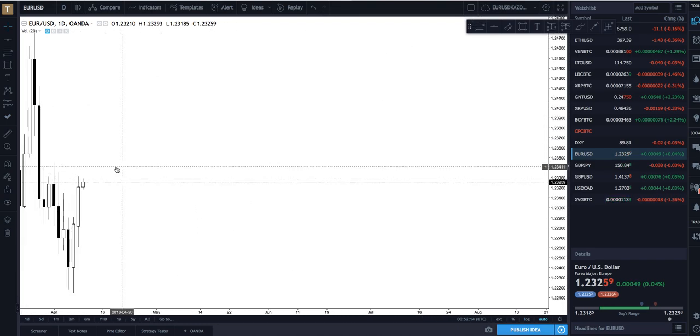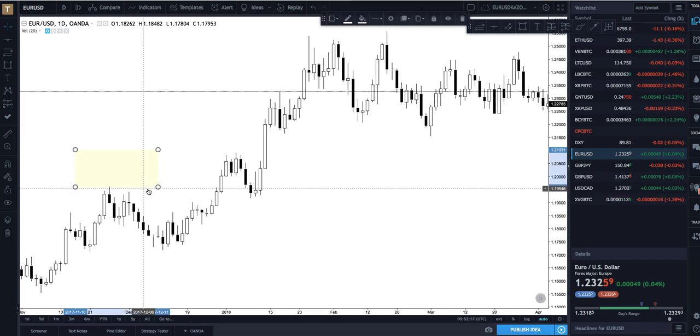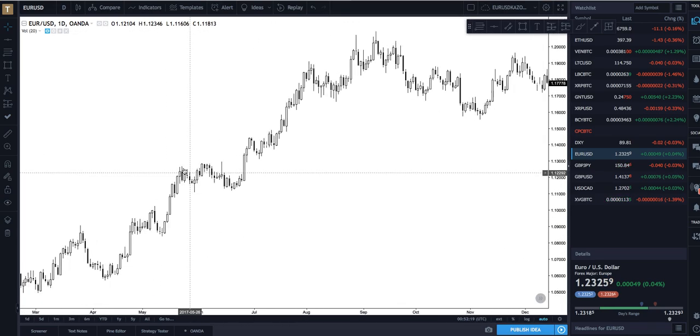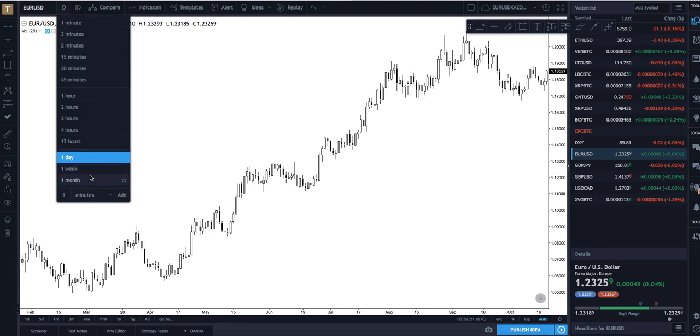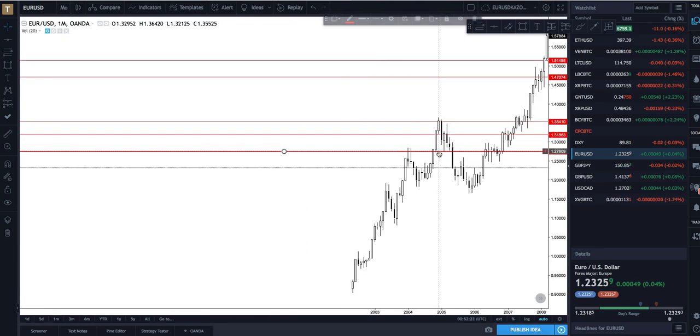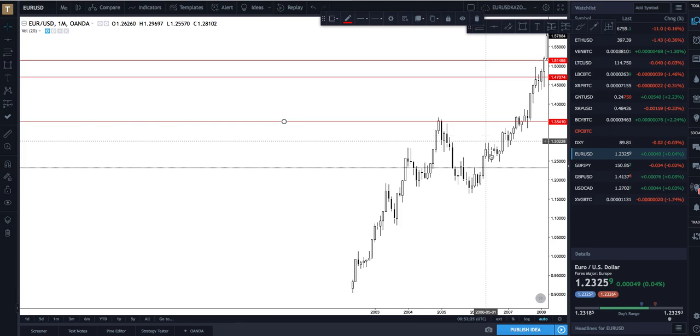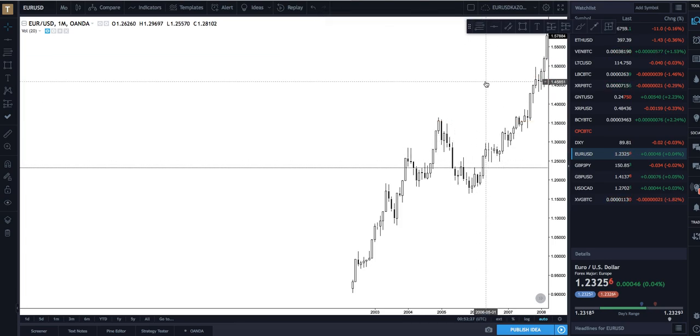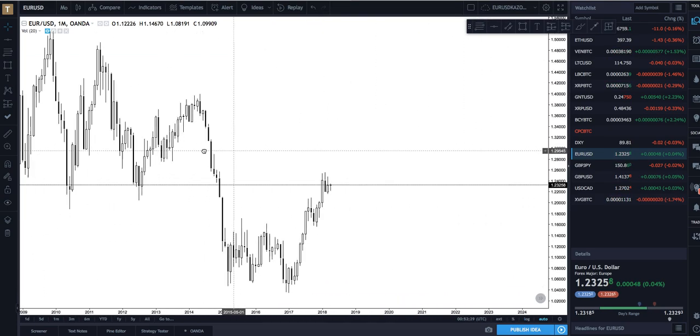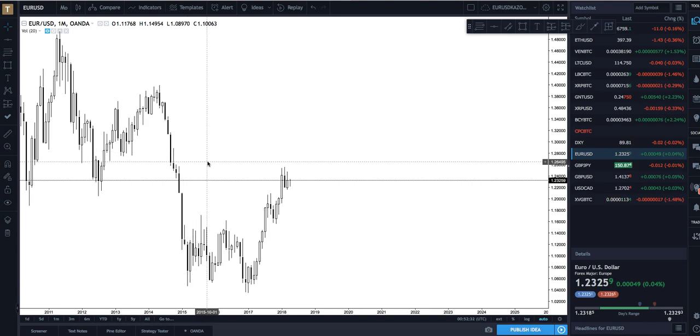It works the exact same in Forex, guys, as it does in crypto, right? So almost better. Let's see. Holy shit, maybe I should keep these levels. These look important. Whatever, doing it for the stream. So let's see if I can find, what does this look like to you guys?